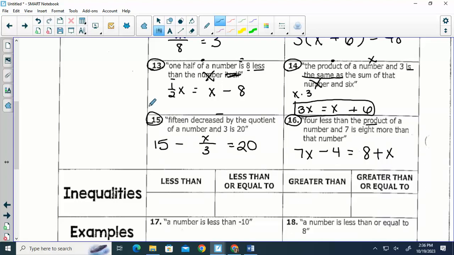Alright, those last few got a little bit longer. More than, not turnaround. Well, technically it is, but with addition it doesn't matter. So if you put x plus 8, then it's also correct.